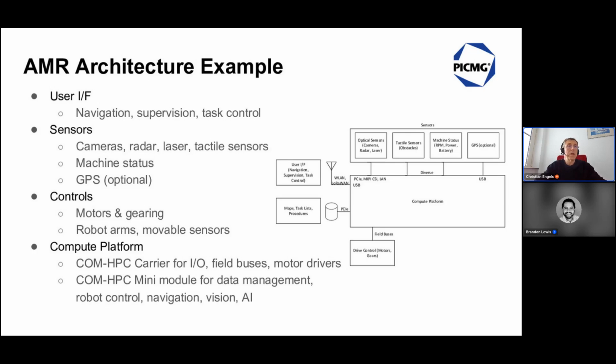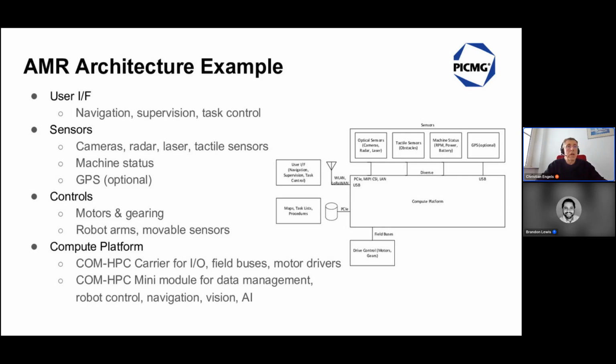So cameras, radar, a laser scanner may be necessary for reading barcodes, find the object which needs to be carried, and probably for additional protection, also tactile sensors. And then there's certainly electronic or engine devices, motors and such in the machine, batteries. So you have to have some sort of machine supervision sensors, which are also required. And GPS may be an option in some of the applications as well.